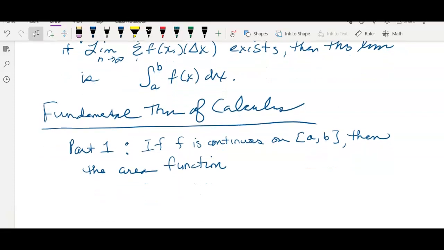So the first part just relates that an integral is essentially the area under a curve. The area function A of x equals the integral from a to x of f of t dt. We're just going to call it f of t dt because they don't want to get the x confused with the x across the top. Don't worry about that. For some x between a and b.